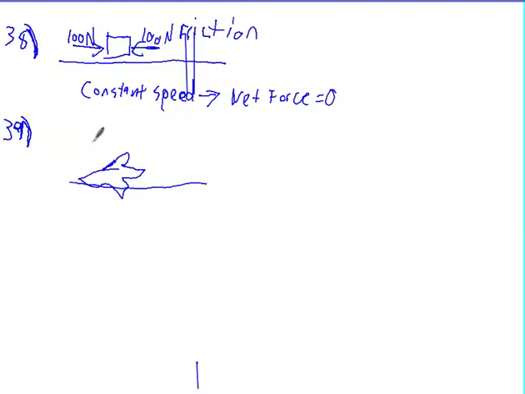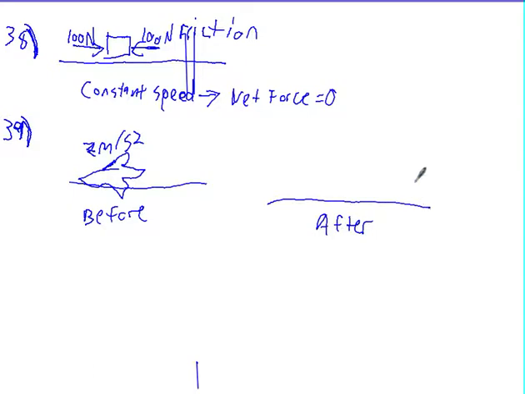It's going 2 meters per second squared acceleration, right? This is before, right? And after, what do we know? Christina. So after, yep, there's my plane. After, what's true about the force?